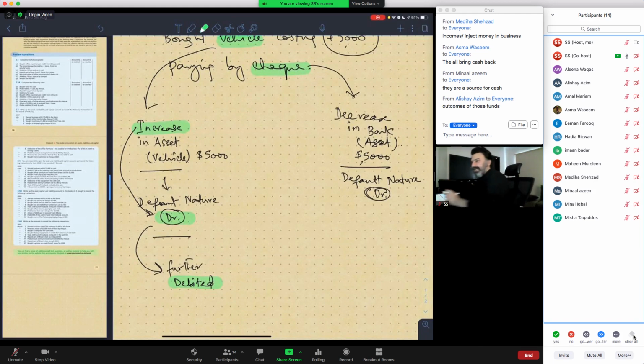So if a debit natured item needs to go up, that means it needs to be further debited.